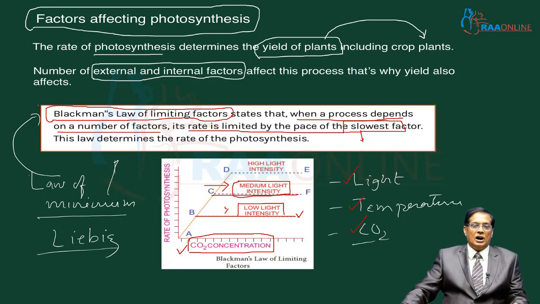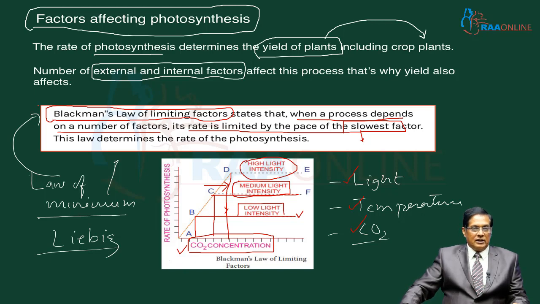This is the law of limiting factor. Same with high light intensity: up to this limit carbon dioxide is required. Beyond this, the rate will not increase. In medium intensity of light, this much carbon dioxide is needed. In low light intensity, this much carbon dioxide is needed.